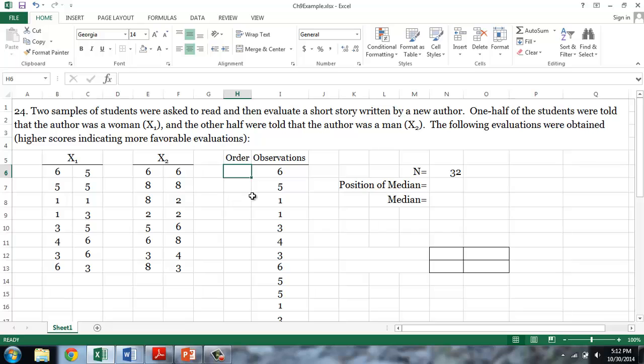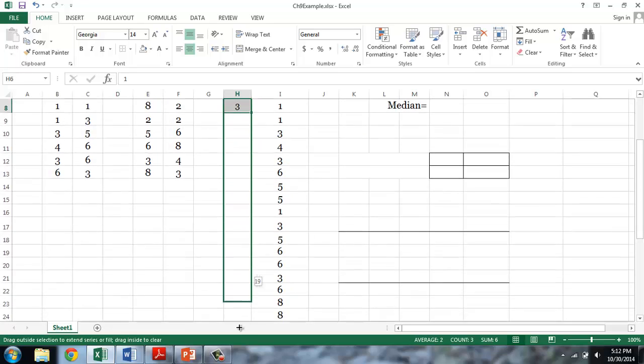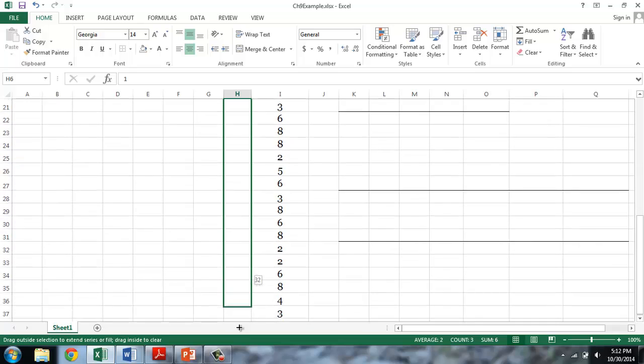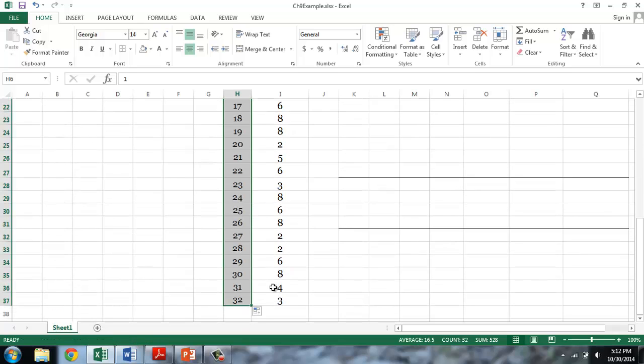Next, I'll label each of these so that it's easier to locate the position of the median. And as you can see, we have 32 observations.